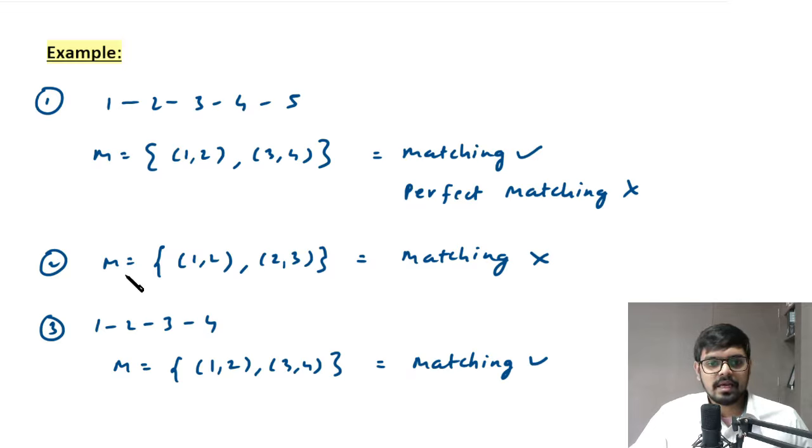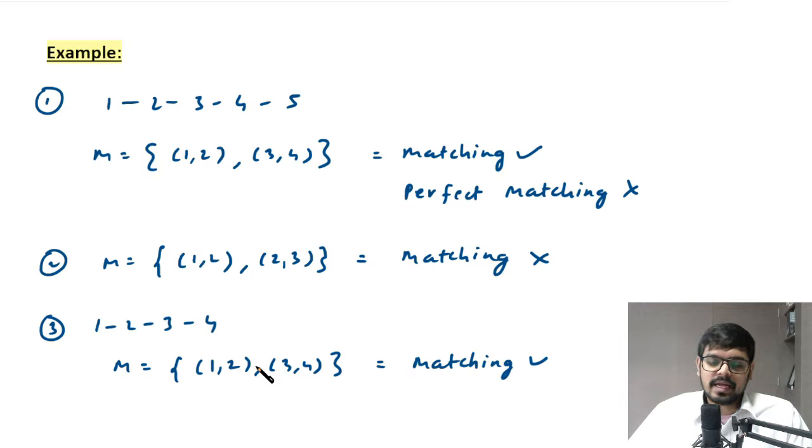What if I say M is equal to {1-2, 2-3}? Again a set of edges, but a common vertex is present, therefore not matching. If it is not matching, no point of talking about perfect matching. Definitely it won't be a perfect matching. Talking about the third, we have a graph 1 connected to 2, 2 connected to 3, 3 connected to 4, and this is a set made from edges.